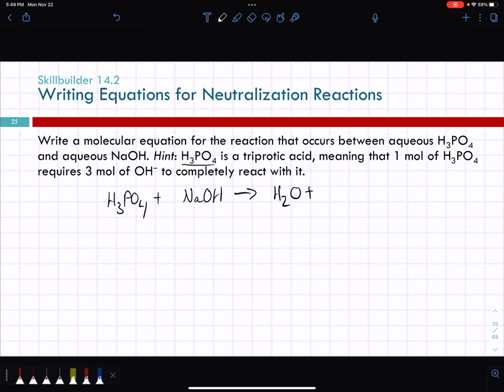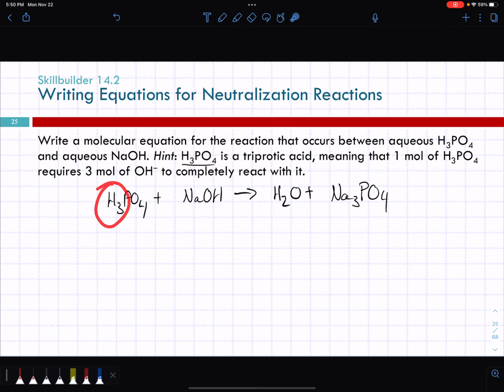So we'll get sodium, and we need 3 sodiums because phosphate has a 3- charge, PO4. But then we need to balance this. One of the tricks here is that if you have something like H3PO4 that has 3 ionizable protons, that's why all 3 of those are up in front.